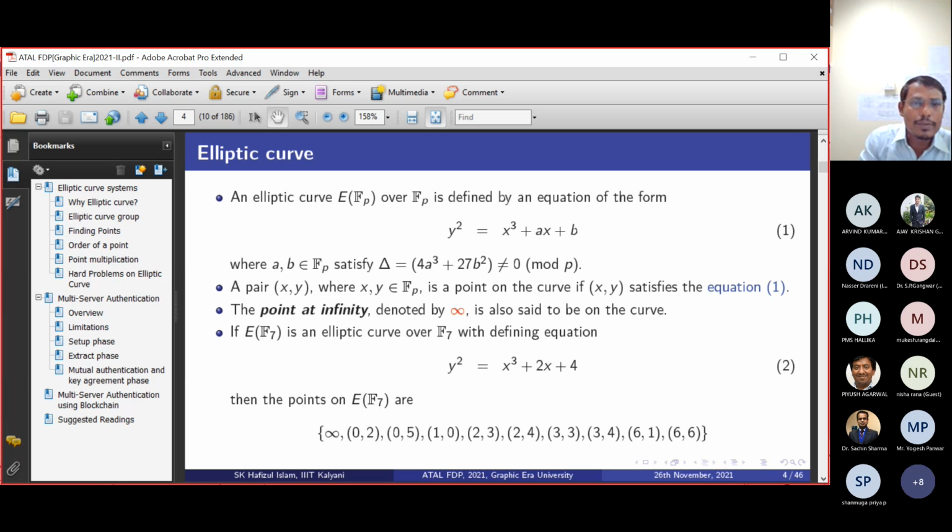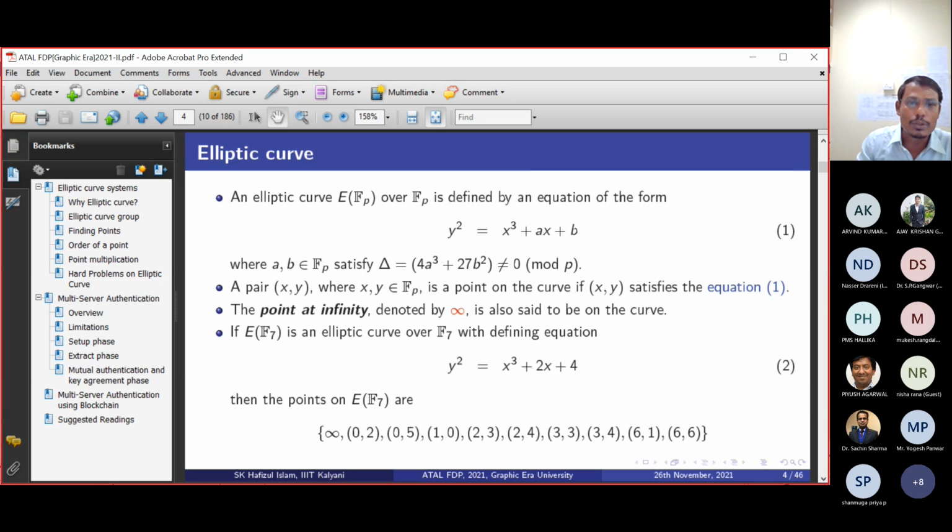I defined my elliptic curve as x cube plus 4x plus 2, and all x are also elements from this, so x ranges from 0 to 6.